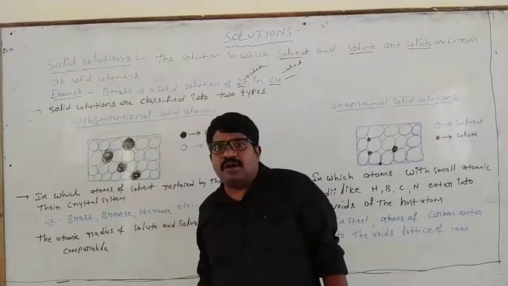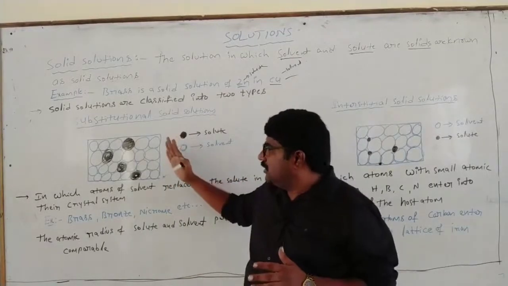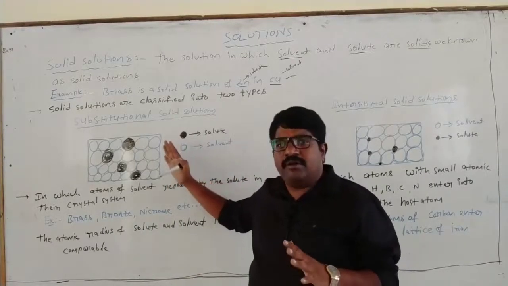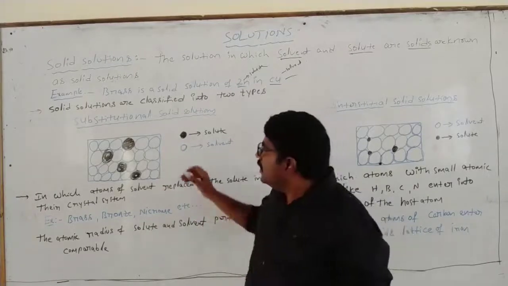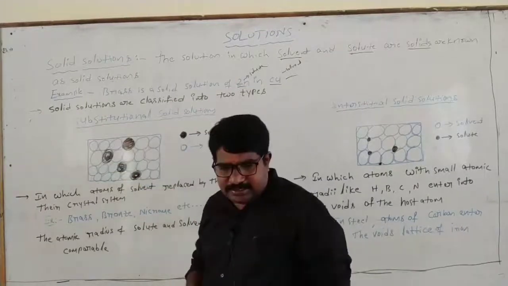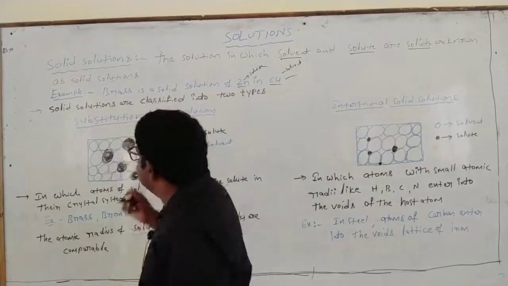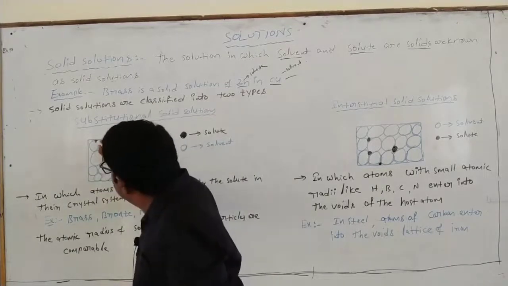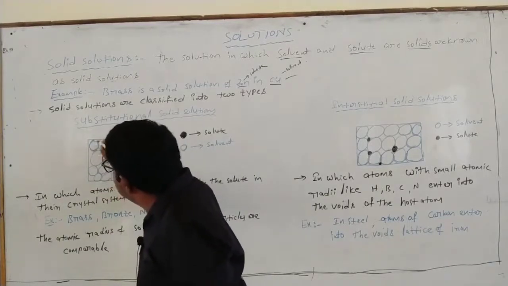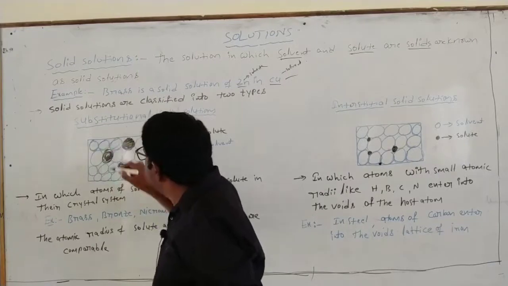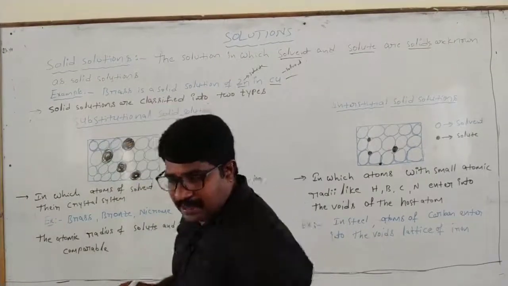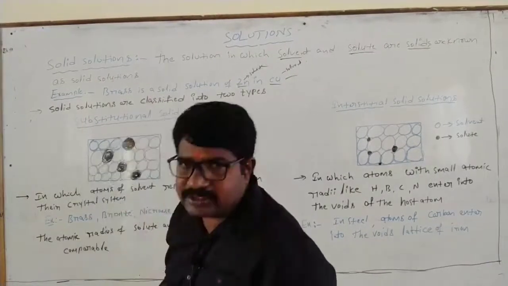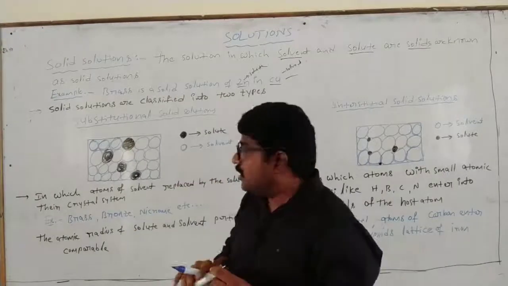What do substitutional solid solutions mean? It is a one solution system that has solvent and solute. The circles in blue color are the solvent particles, whereas the black circles indicate the solute.